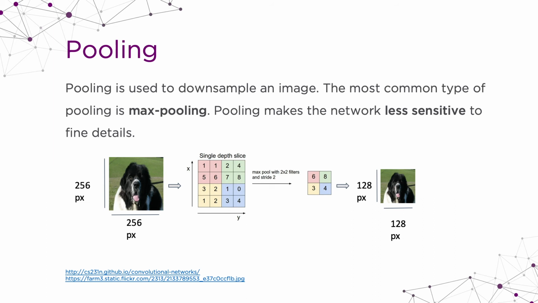Here, if we place our 2x2 kernel over here and select the maximum value, we see that this maximum value is 6. So we take that 6 and place it over here. We then move over with stride 2. Again, this is very typical when we use max pooling: a 2x2 filter and a stride of 2. So we move over 2 pixels, place our 2x2 kernel here, and select the maximum value.